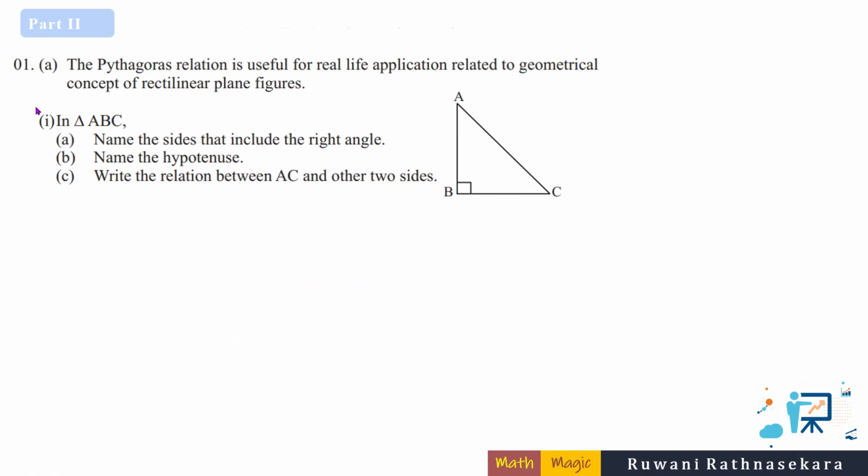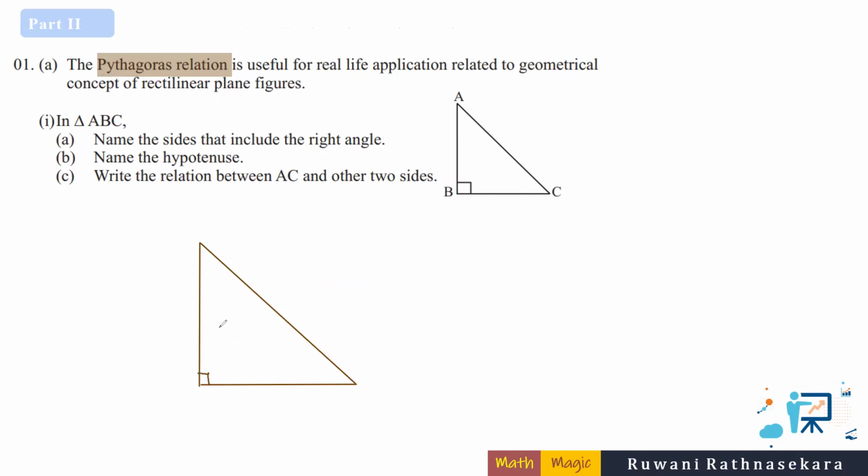The Pythagorean relation was firstly introduced by the Greek philosopher named Pythagoras. That's why we call it the Pythagorean relation or Pythagoras relation. Let me give you a small introduction. Whenever you draw any right angle triangle, one of the three angles is always a right angle, right?